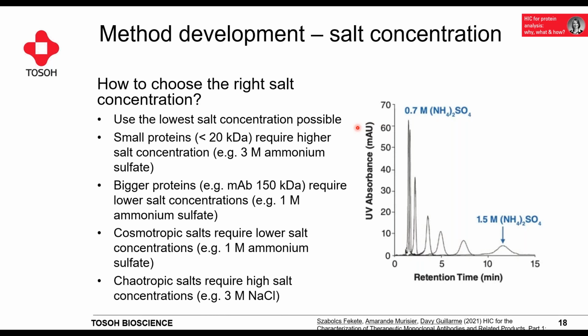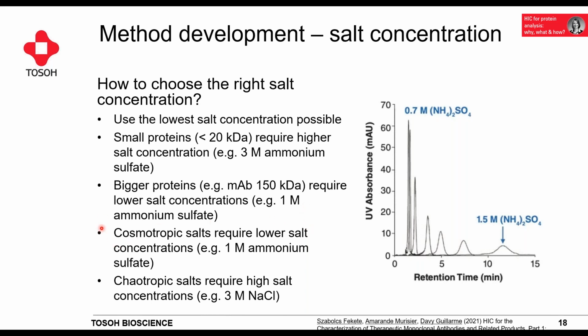Secondly, smaller proteins, as they are typically less hydrophobic, require a higher salt concentration as compared to larger proteins. So if you think of a 20 kilodalton protein, you may need 3 molar ammonium sulfate, whereas a 150 kilodalton mAb only requires 1 molar.